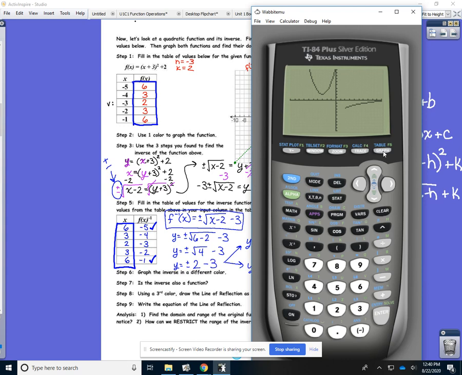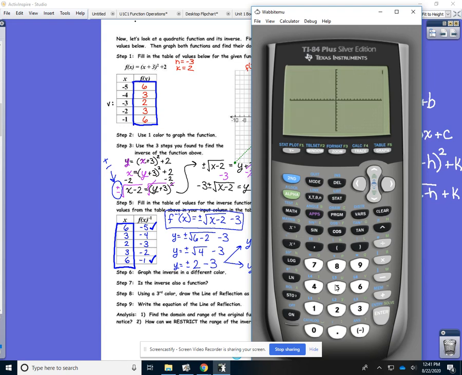The reason for that, if you think about it, is we're supposed to have a line of reflection at y equals x. So if I go in and I just type in the line y equals x, there it is. If I hit zoom square, it will make my graph look a little nicer. Right now it's in zoom standard.